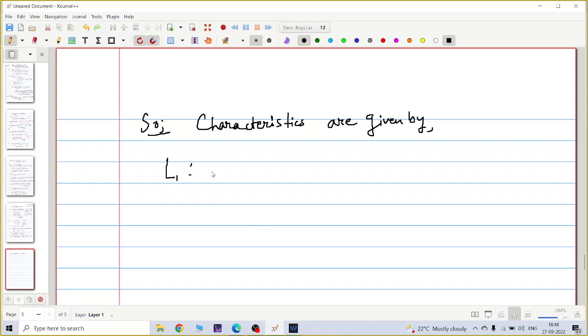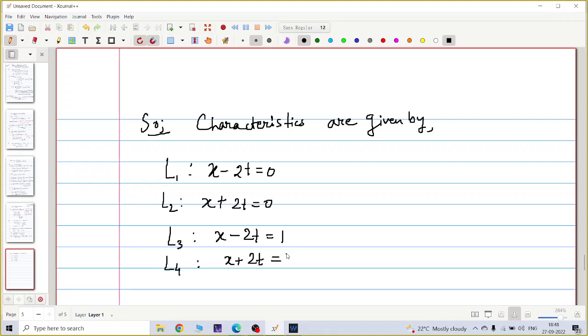First line is L1: x minus 2t equal to 0, because it passes through 0, 0. L2 is x plus 2t equal to 0, again because it passes through 0, 0. L3 passes through 1, 0, so x minus 2t is 1, and L4 is x plus 2t equal to 1, which passes through 1, 0.